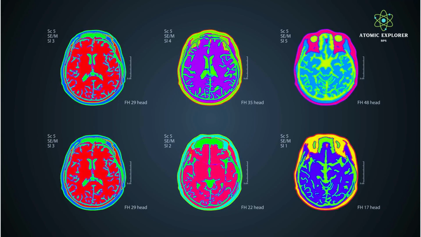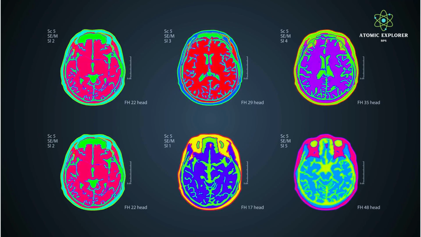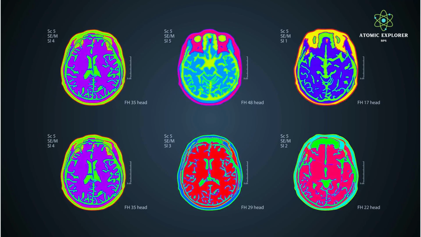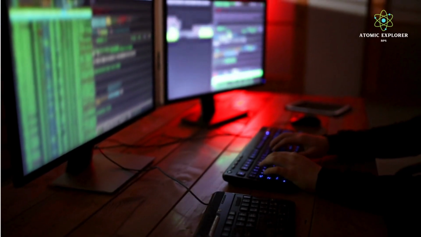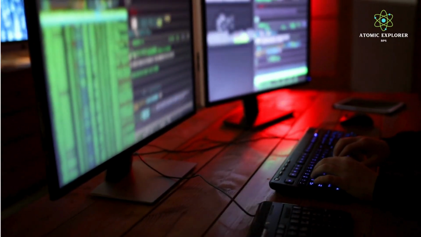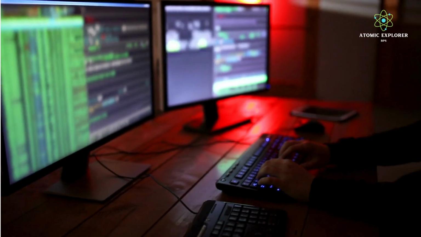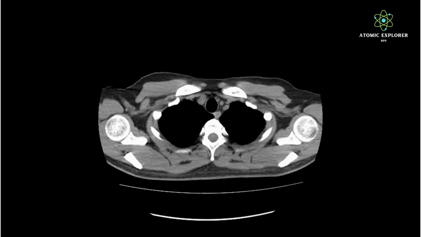The gamma photons detected by the PET scanner are turned into detailed three-dimensional images using advanced computer programs and algorithms. These programs take all the information from the gamma rays and piece it together to show where the tracer has spread in the body.